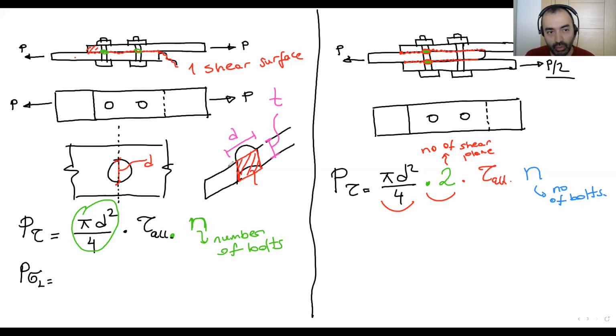If we have two different plates and their thicknesses are different, let me write it here: T1, T2. So let's write the same thing for this one.